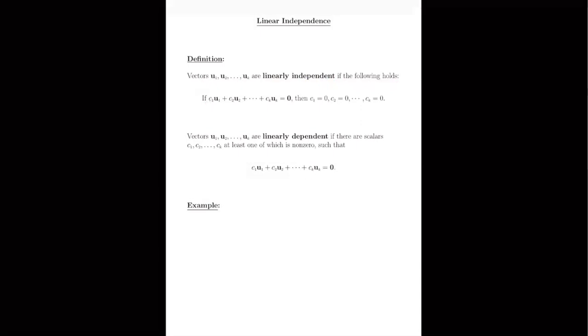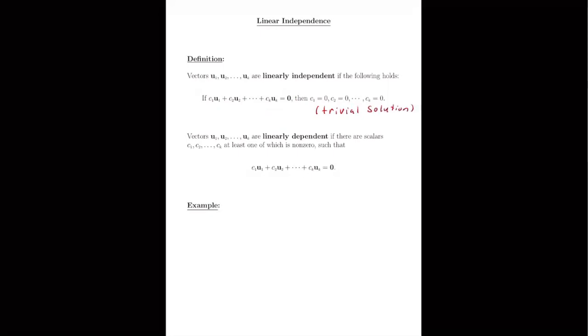If c1u1 plus c2u2 all the way up to ckuk is equal to the 0 vector, then c1 is equal to 0, c2 is equal to 0, all coefficients are 0 up to ck is equal to 0. So in other words, the only solution to this equation is the trivial solution in which all coefficients are 0. So this equation has only the trivial solution.